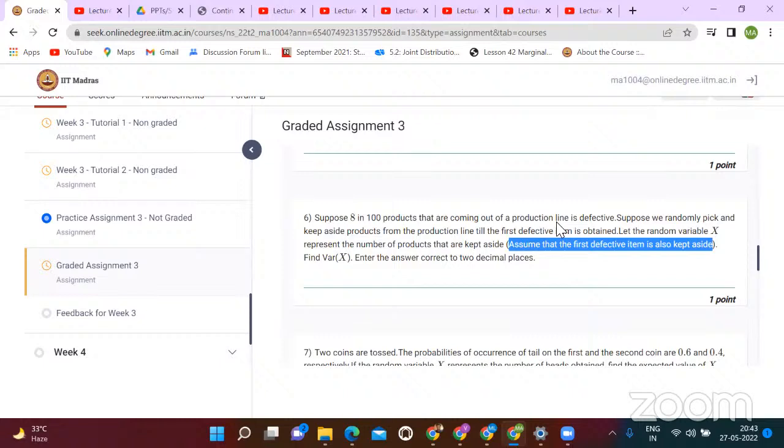I have a question here. Are the digits not necessary? Because my question actually says suppose 6 in 100. Now what you're showing says 8 in 100. Is it different for everybody? Yeah, it's different for everybody. Values are different from 8, but the question is the same. It's a parameterized form.